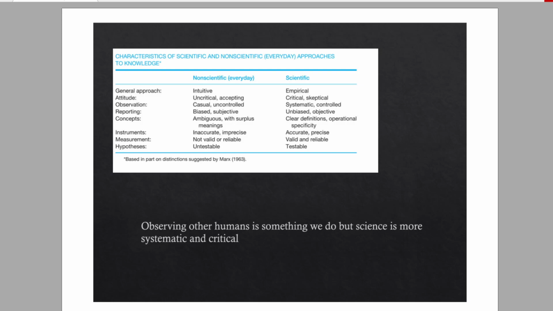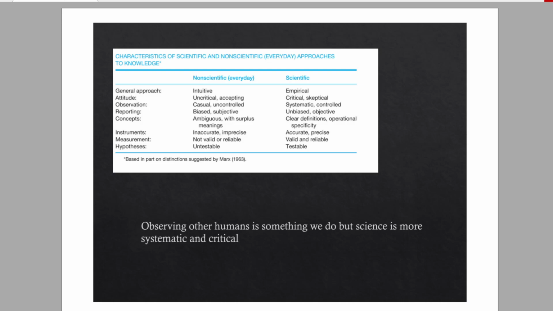And in scientific terms, it's usually an empirical process, which we'll get into later. The attitude in non-scientific is uncritical or accepting. It may be that you tend to accept what you already believe, so you accept data or research or claims that already are aligned with what you already believe. And that's something that's quite true of humans.